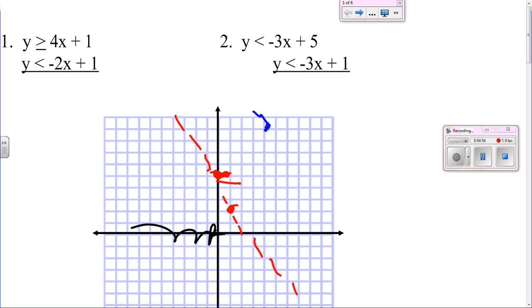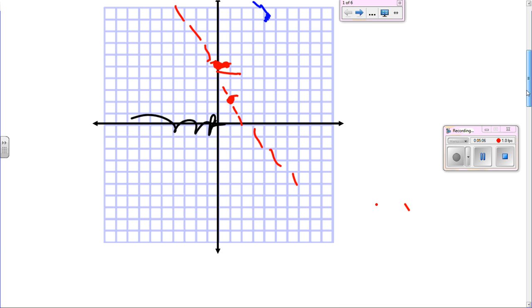Then you're going to shade below both the lines. So the in between the lines is not going to work. It's going to have to be below both lines.